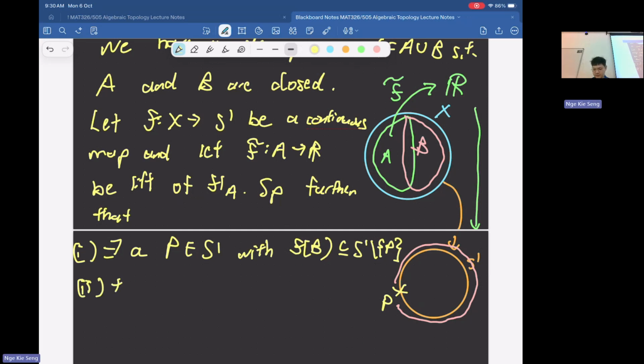And then second, you might want to guess, it is actually about the connectedness. We want to use the intersection on the domain so that we can build the lift, so that the two lifts are the same.